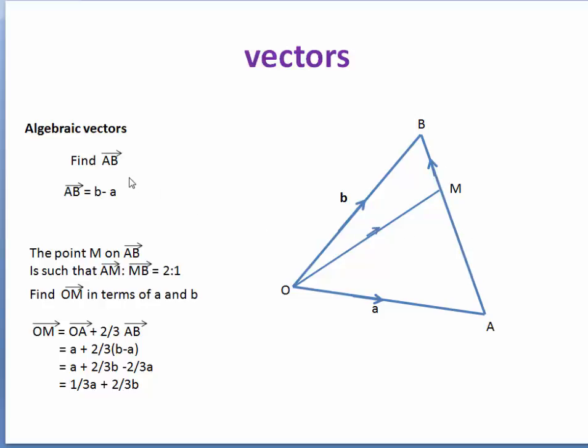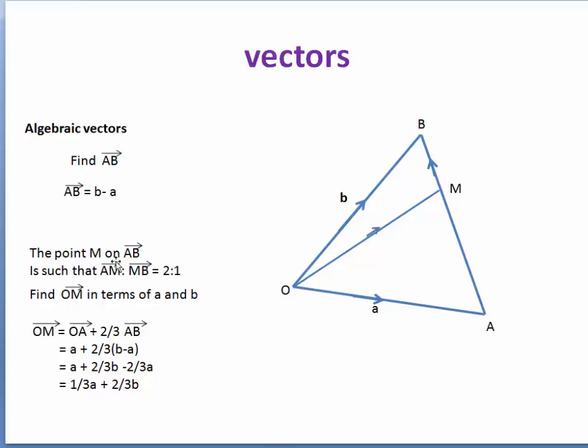So first of all, we're given OB and OA and asked to find A to B. Now A to B is B, which is the resultant, minus A. So remember we said if we have these continuous ones in the triangle, then the vector going in the opposite direction is our resultant. So we want to minus A from our resultant to give us A to B. So vector A to B is B minus A.